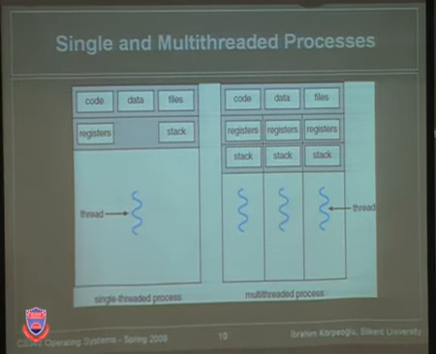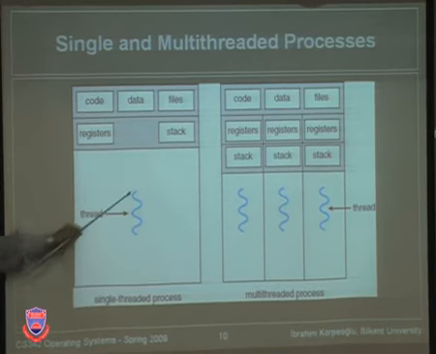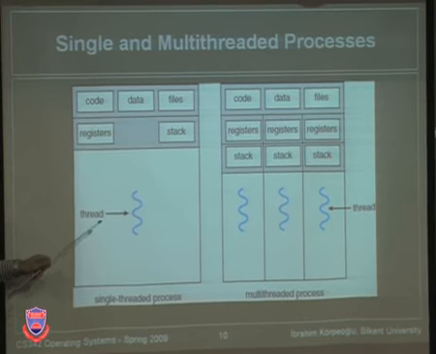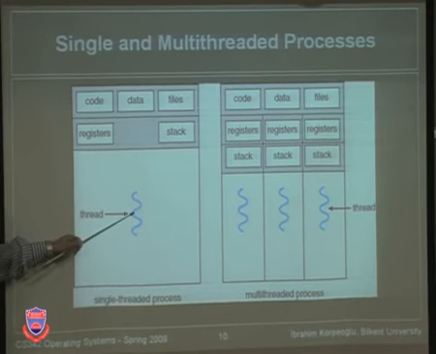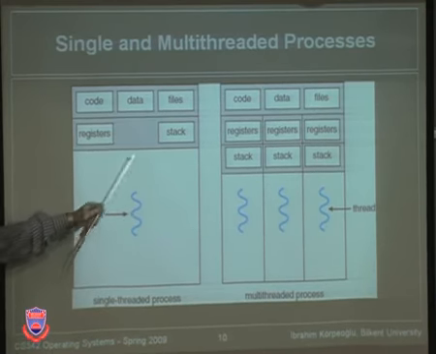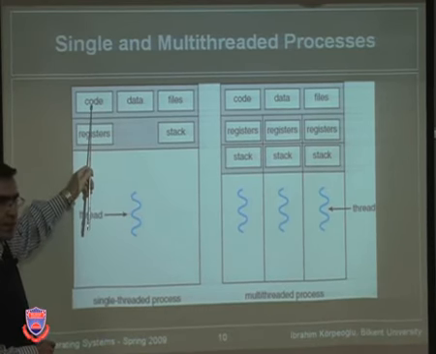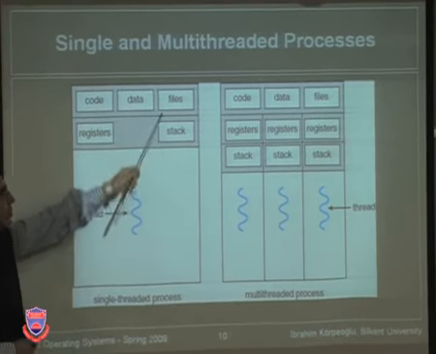All right, then we have single and multi-threaded processes. A single-threaded process has a single thread, a single execution sequence of instructions that are executed, okay? So it has a set of registers, the program counter pointing to the instruction to be executed next, and so on. It has its own stack. It has code, a set of instructions, the text segment, the code segment, global variables, the data segment, and so on, open files, and so on.